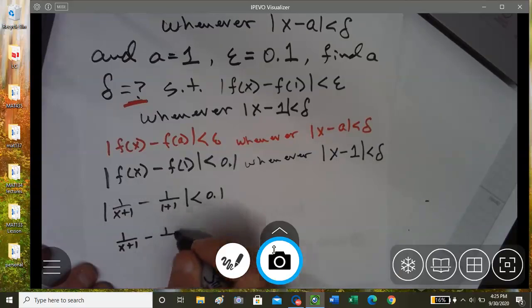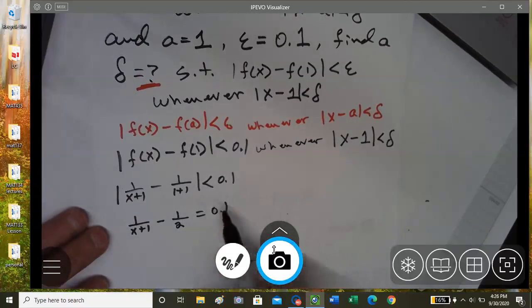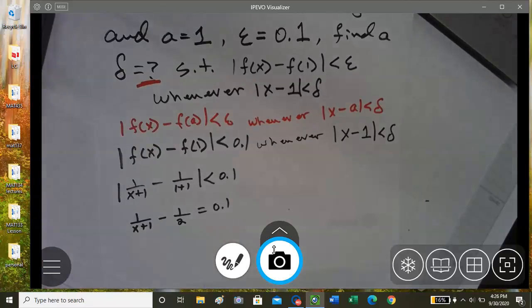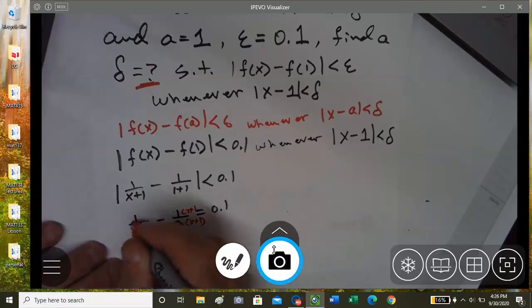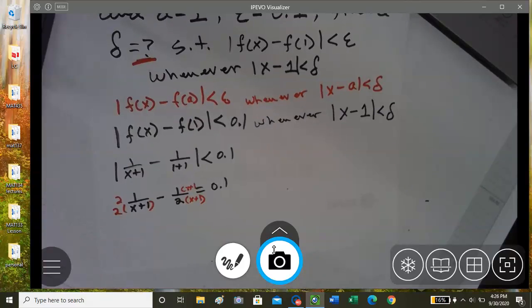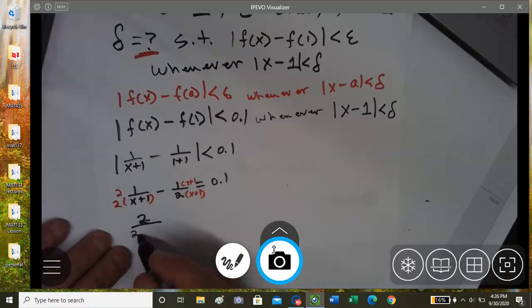Minus 1 over 1 plus 1 is 2, and then we're going to set that equal to 0.1. So we need a common denominator. So we've got to multiply by x plus 1 over x plus 1, and we've got to multiply 2 over 2 to get our common denominator. So that's going to give us 2 over 2 times x plus 2.